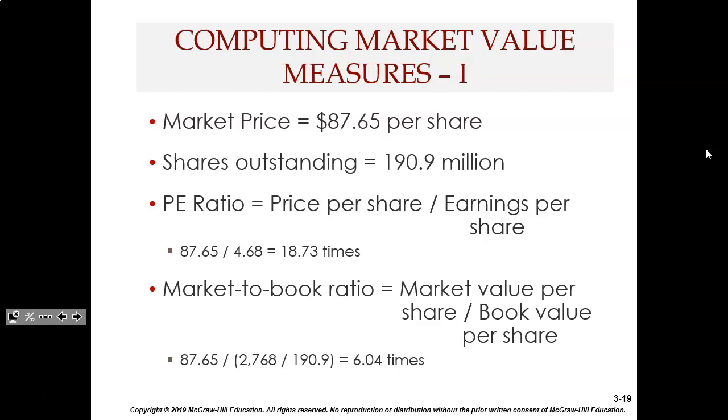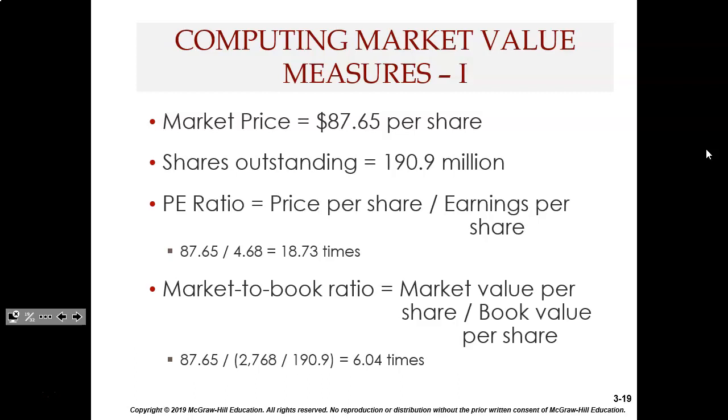Using this ratio, 18.73 times, that's telling you for every $1 of earnings per share, I'm willing to pay $18.73 for that.